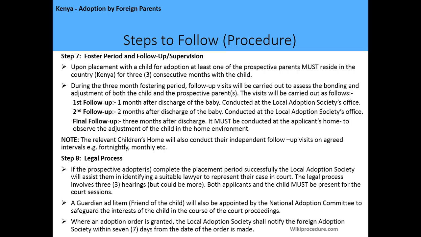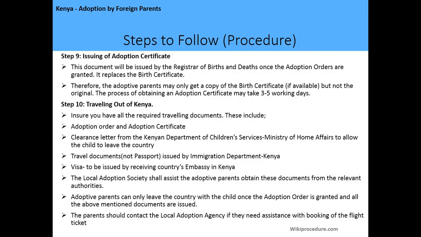A guardian ad litem, who is a friend of the child, will also be appointed by the National Adoption Committee to safeguard the interests of the child in the course of the court proceedings. Where an adoption order is granted, the local adoption agency shall notify the foreign adoption agency within 7 days from the date the order is made.